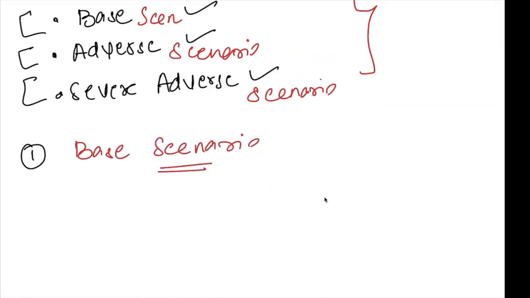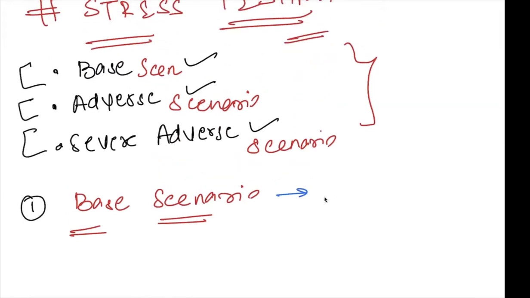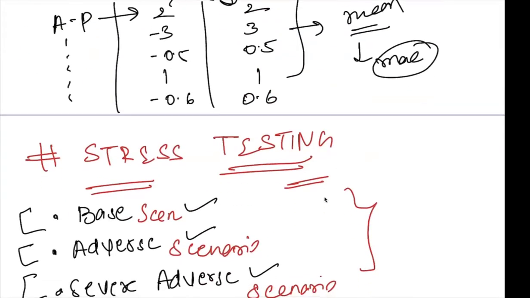The base scenario represents normal economic conditions that are expected to occur on the current forecast. Always remember, back testing is in the past, stress testing is always in the future. Are you guys able to follow?